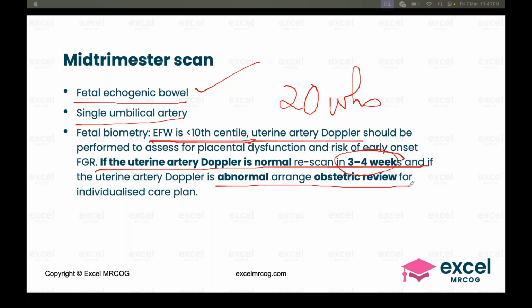Okay, now this is a special case when you know that at 20 weeks itself, which is too early, you have a very small baby. So you do a uterine artery Doppler. Okay. Normally, if you do a uterine artery Doppler and you find it abnormal in high risk category, we have the chart in the SGA guideline, the new guideline. You would start screening from 26 to 28 weeks with growth scans.